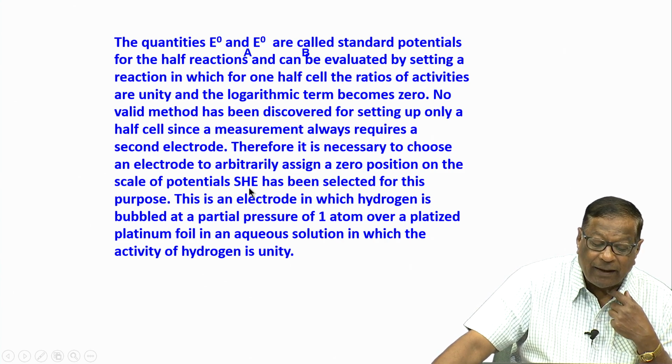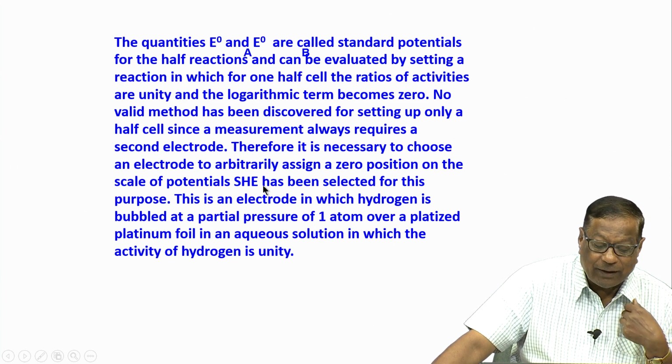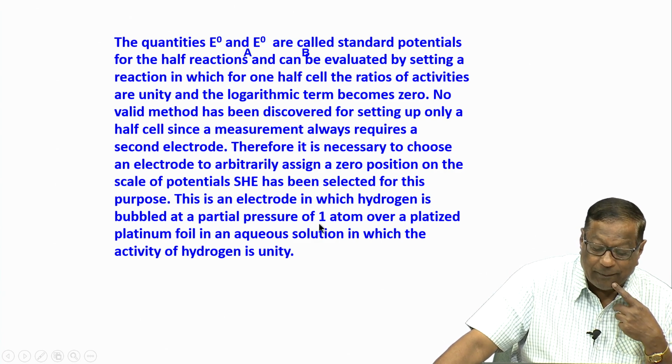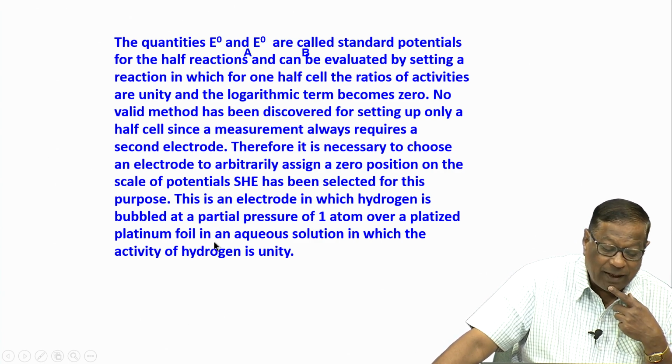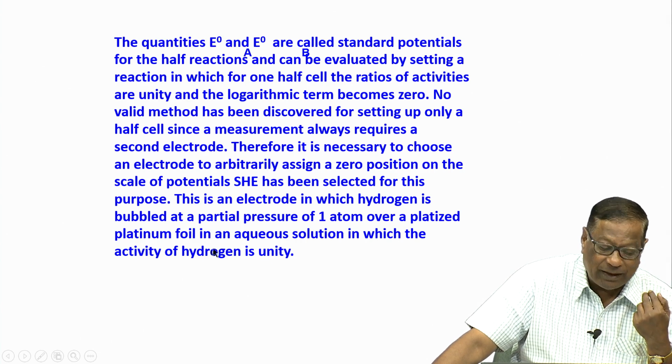The standard hydrogen electrode, SHE, has been selected for this purpose. In this electrode, hydrogen is bubbled at a partial pressure of 1 atmosphere over a platinized foil in an aqueous solution in which the activity of hydrogen is unity.